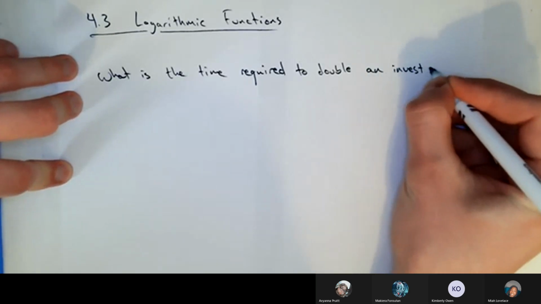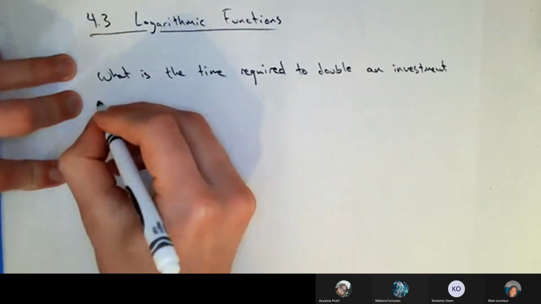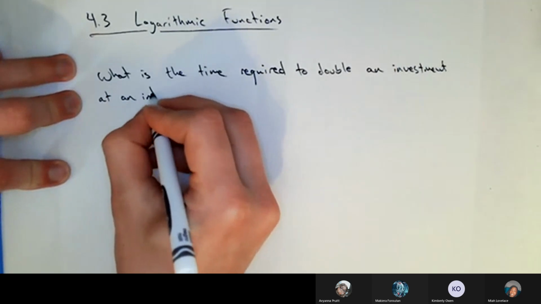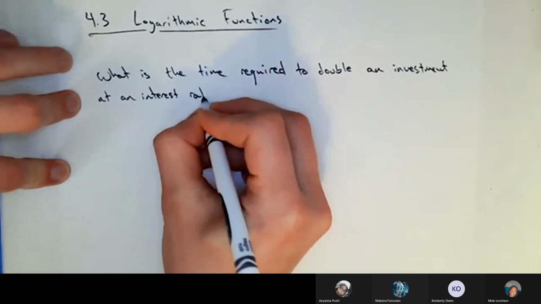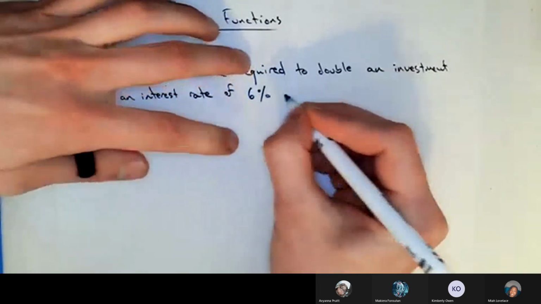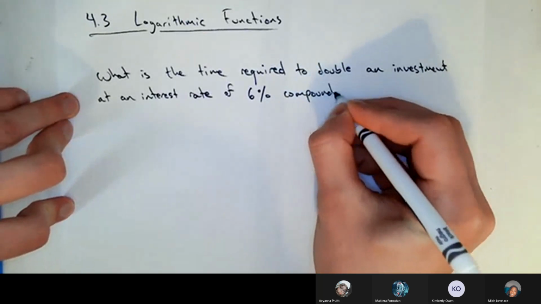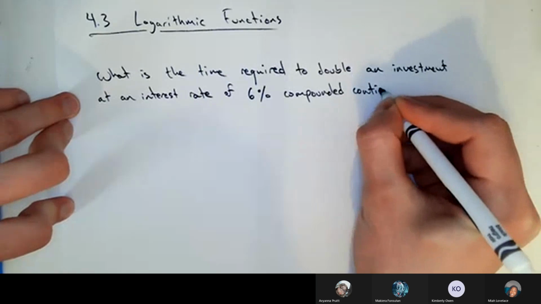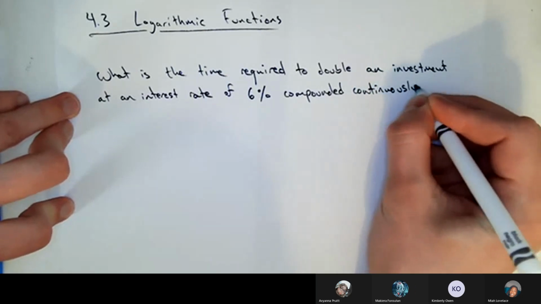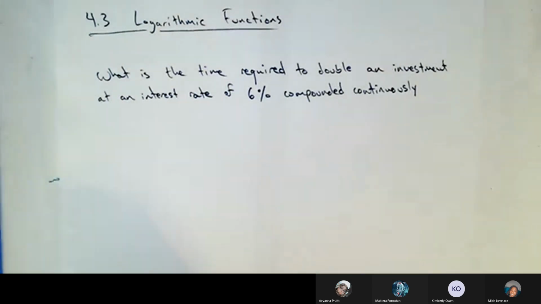So let's say you've got some investment or some money you're trying to drop into a savings account, at an interest rate of, I'm just going to make something up, 6% compounded continuously. So say you've got some savings account, it compounds continuously. The interest rate is 6%. And you want to know, how much time do I need to wait until my investment doubles?